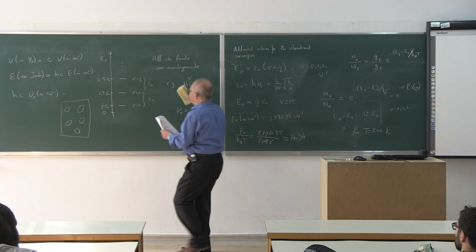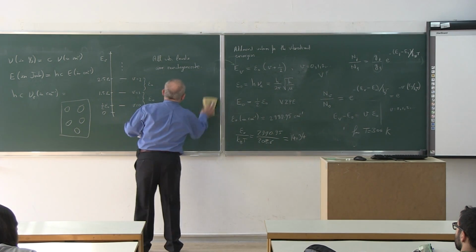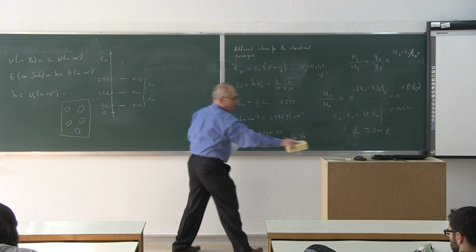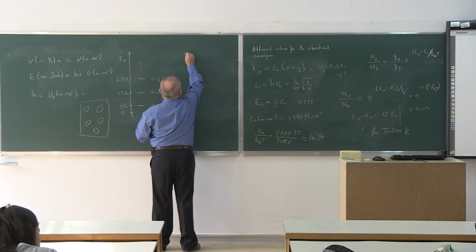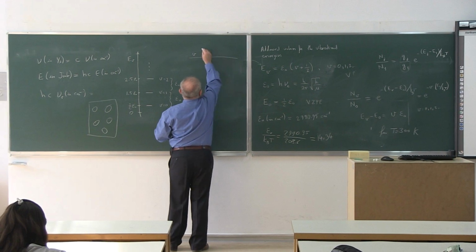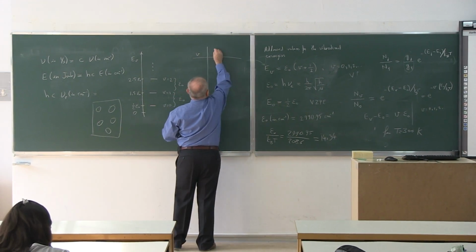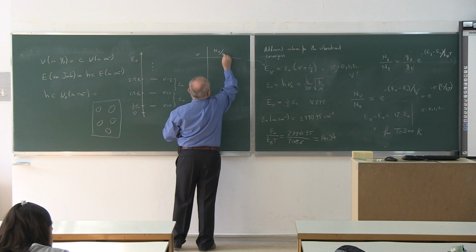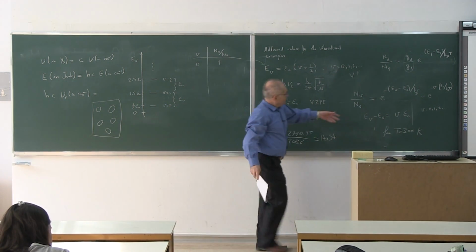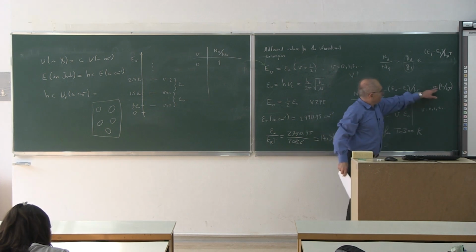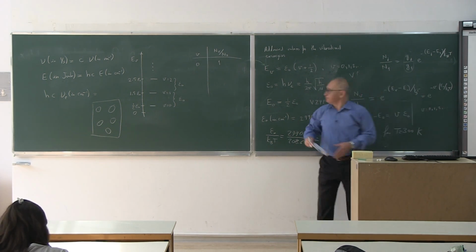So what happens? If we write V here and relative population, this is 1 by definition. You put V equals 0, this is e to the 0.